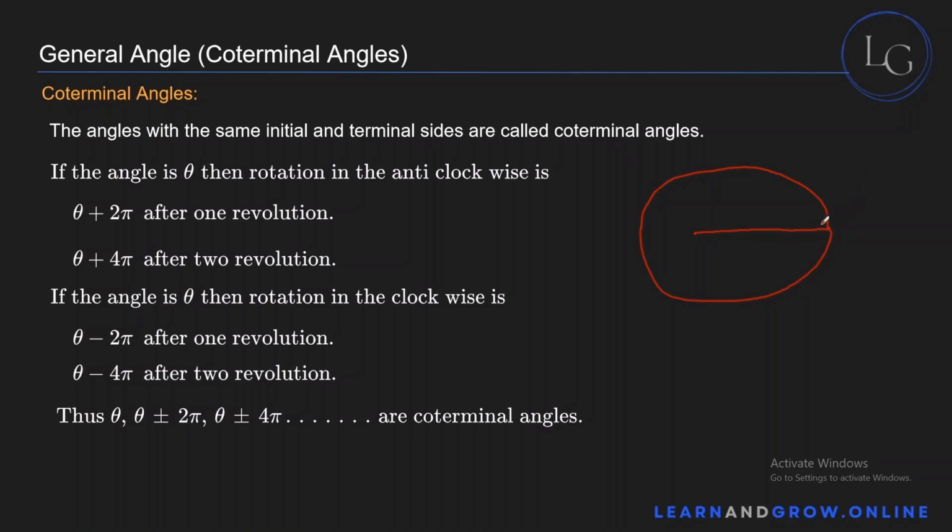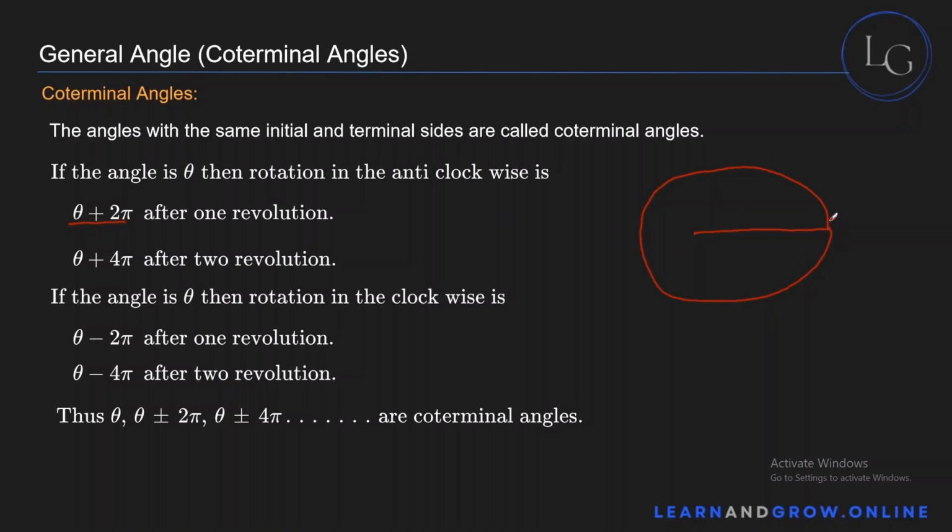If you turn it and it reaches the same point where both of these lines coincide with each other, that means in the anti-clockwise direction, an entire 2 pi revolution has occurred. So basically that just means it's theta plus 2 pi after one revolution.